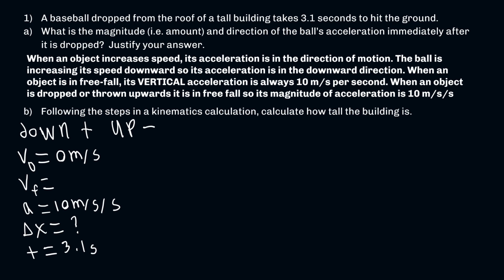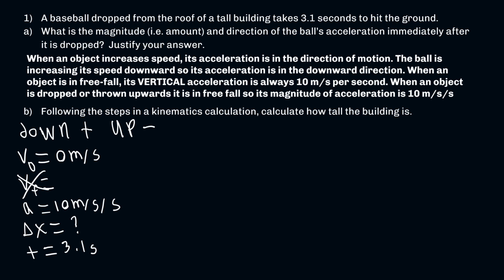So we have everything here. We don't have final velocity, but we do have 3 out of the 5 variables, so we can use an equation. So final velocity doesn't really matter here. So we can use one of our kinematics equations. I have initial velocity, I have acceleration, I have displacement, which is what I'm looking for, or the height, and then time. So with these 4 variables, I can look at my 3 equations and match up what I have here.